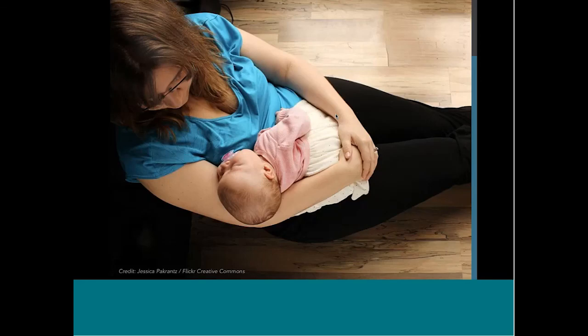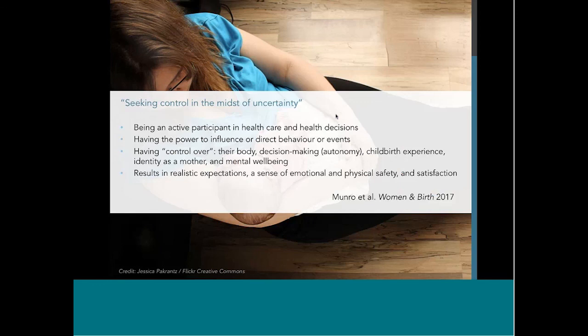Some of the key findings that we learned from women were that in their decision-making process, women seek to be in control of their process in the midst of the uncertainty of what their next birth might look like. This included being an active participant in their healthcare decision-making process, wanting to have some power to influence or direct behavior or events during their pregnancy and in their labor and delivery.